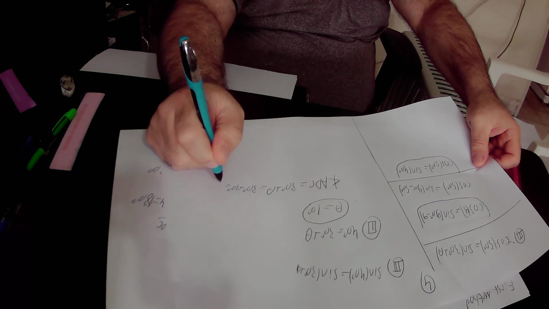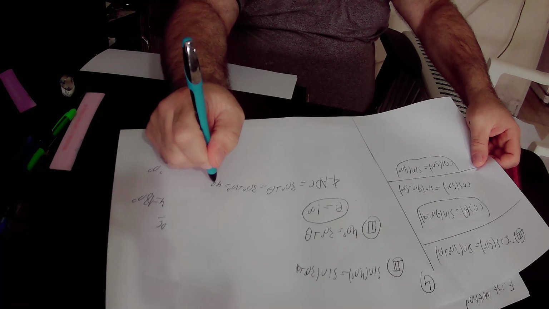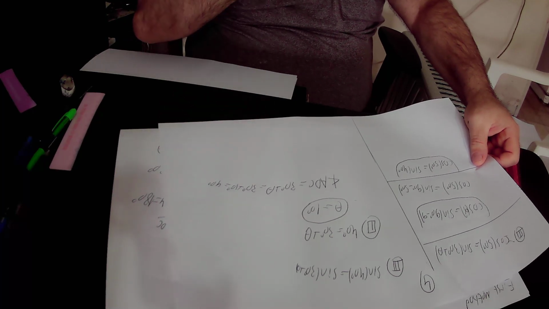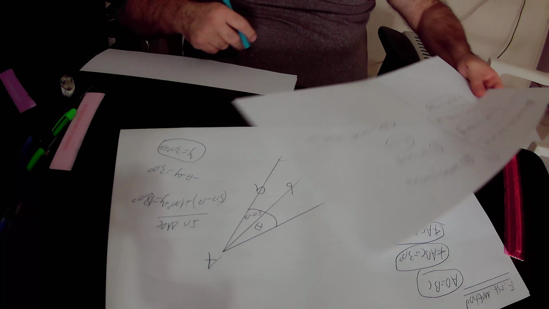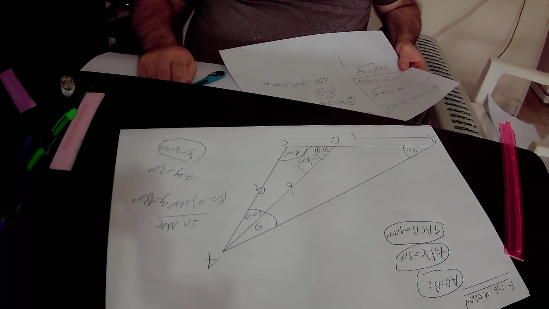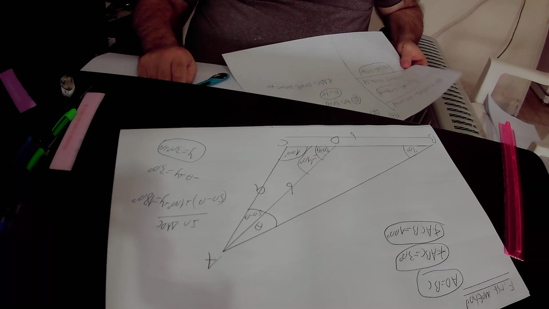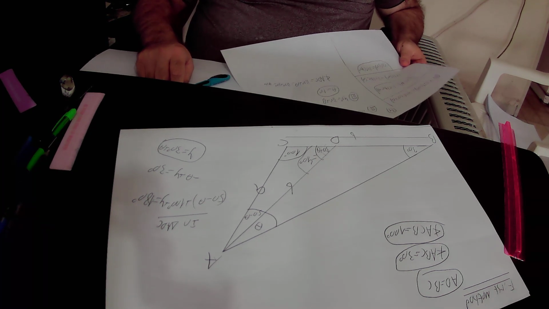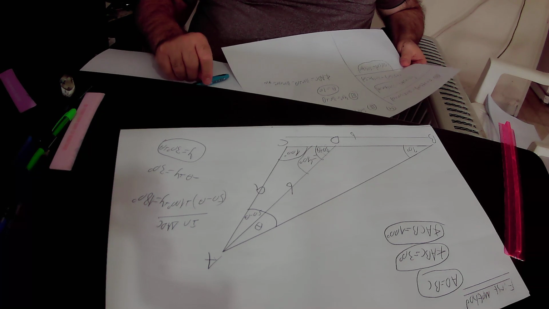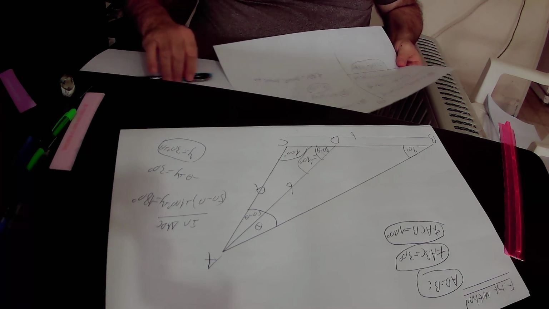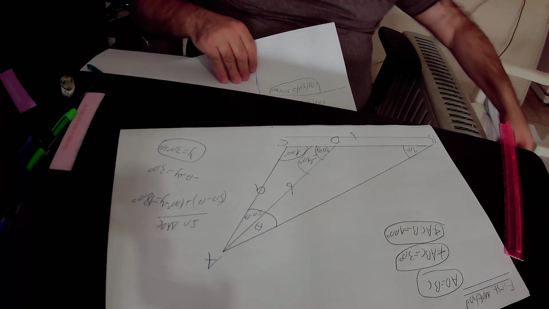So 30 degrees plus 10 degrees is 40 degrees. Okay? So angle ADC equals 40 degrees according to the first method. In the next step I will present to you how to find the value of the angle according to the second method.